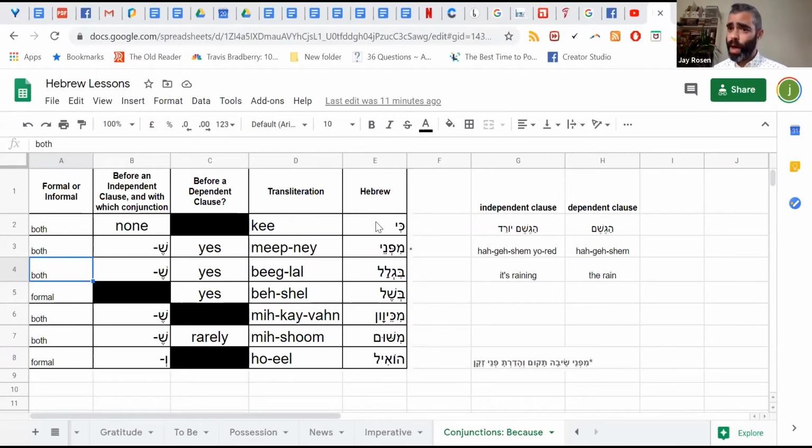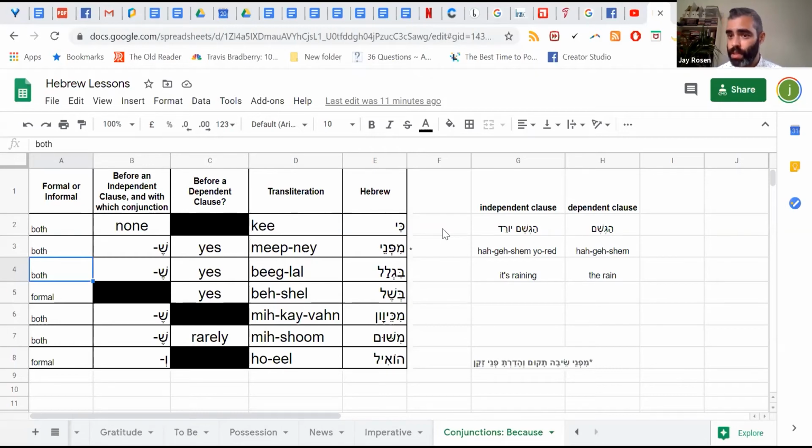Key is found in the Bible, it's found in rabbinic literature, we use it to this day. And as you read this chart as we go through it together, starting from the right and going to the left, the word is key in Hebrew, transliterated as I wrote here for English speakers. And then you see here, before a dependent clause or independent clause. As you see, I blacked it out. In other words, key has to be followed by an independent clause.